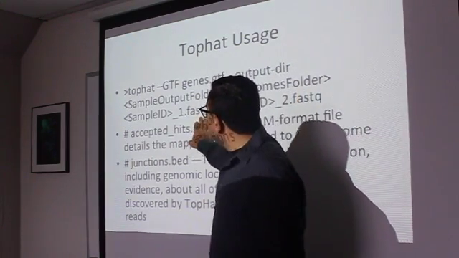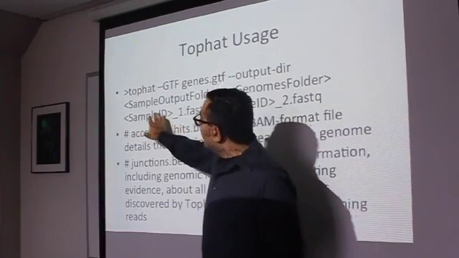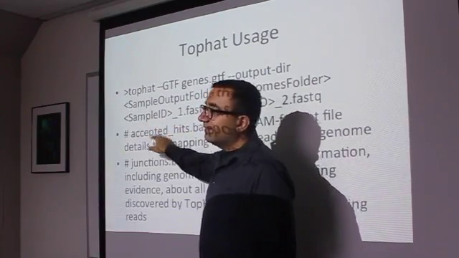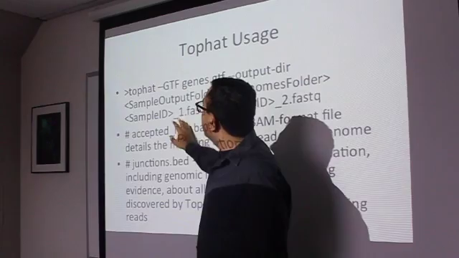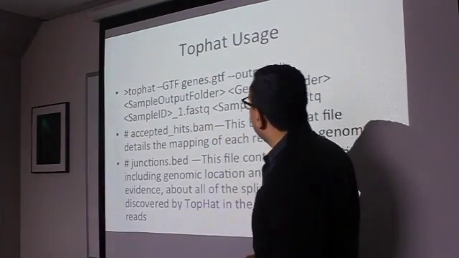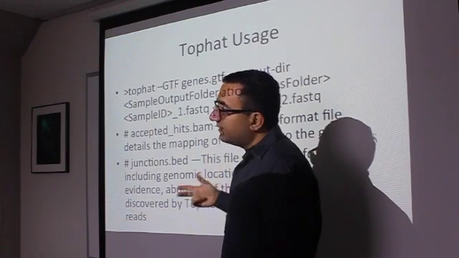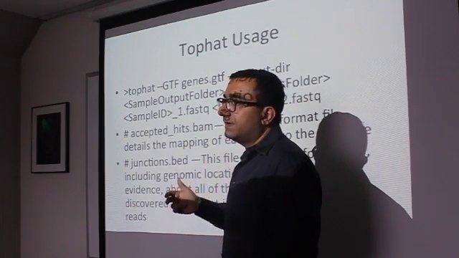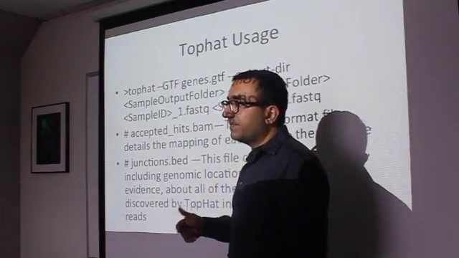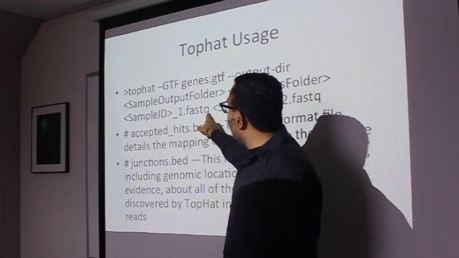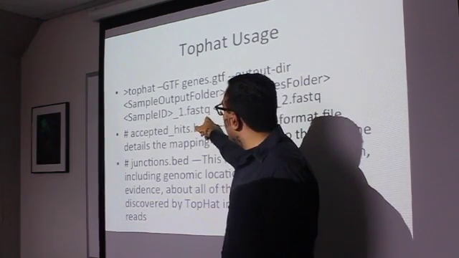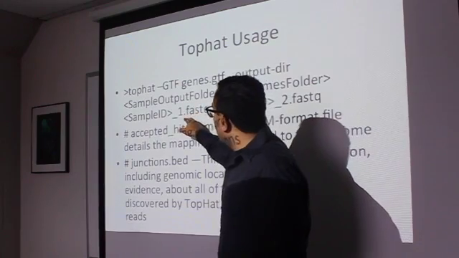And then these are your FASTQ files. Normally they come off the sequencer with a sample ID _1, so you can take the pair. If you have multiple files for the same sample, because that can happen sometimes, you can specify that by putting a comma and the next file.